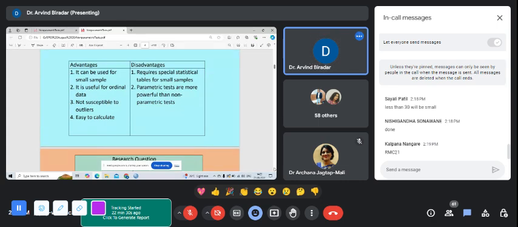Disadvantages are that it requires special statistical tables for some small samples. If students are appearing for a university paper in statistics, the university is going to distribute the statistical tables.